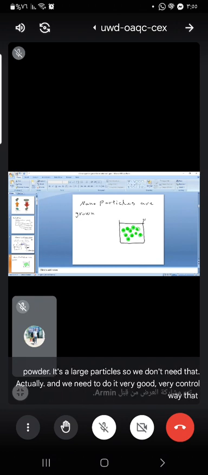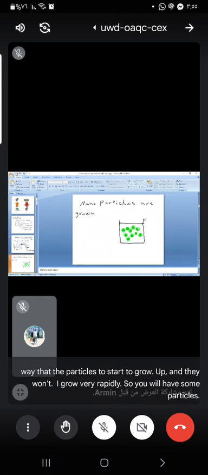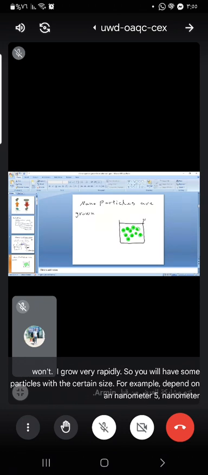The particles start to grow, but they won't grow very rapidly. So you will have particles with a certain size, for example, 10 nanometers, 5 nanometers, or 20 nanometers, and they won't grow more.